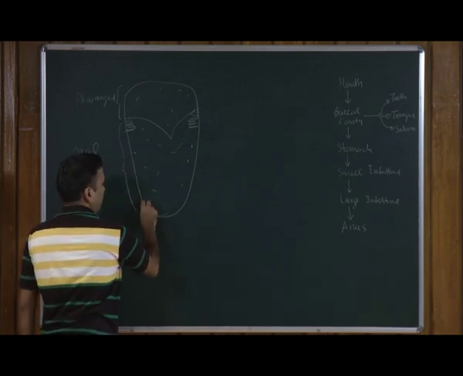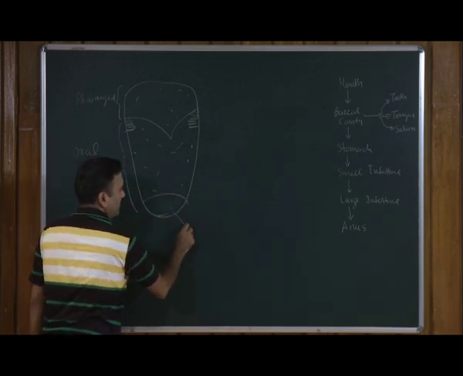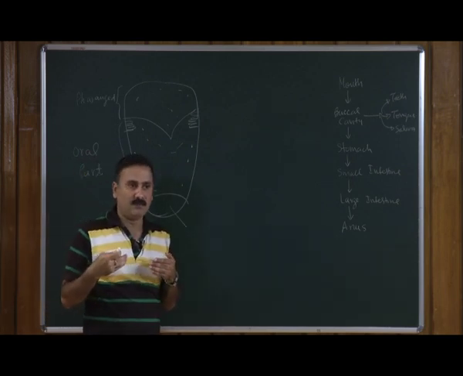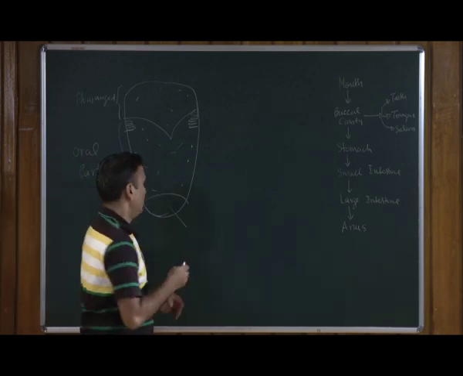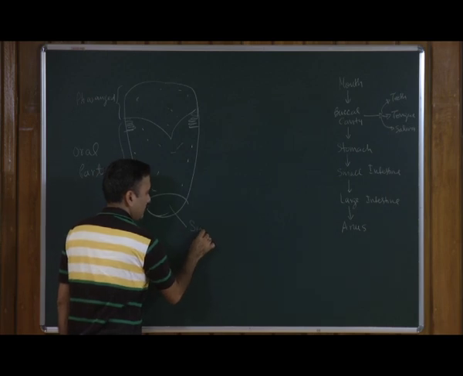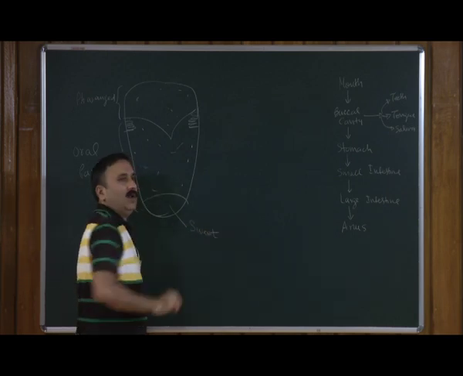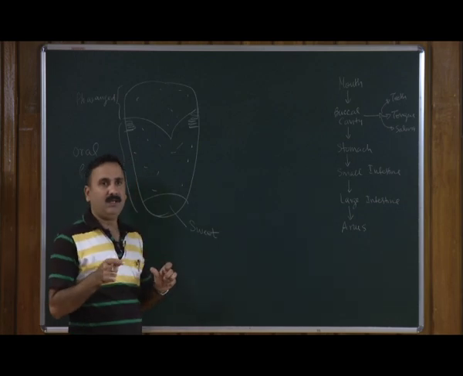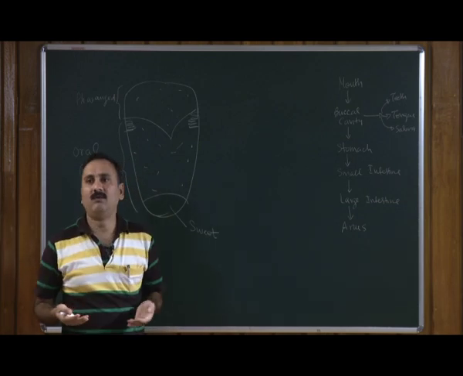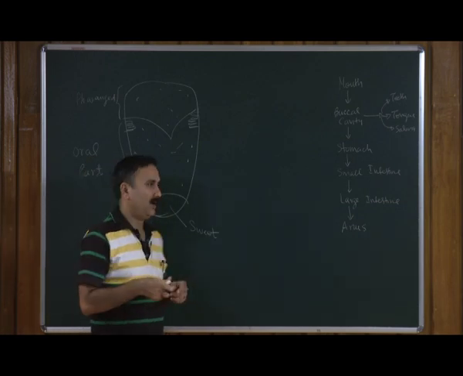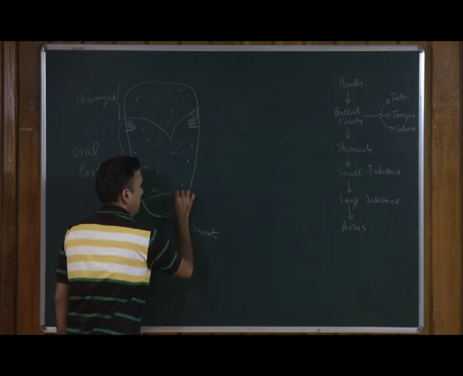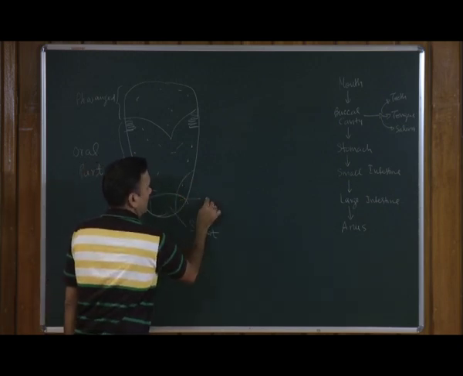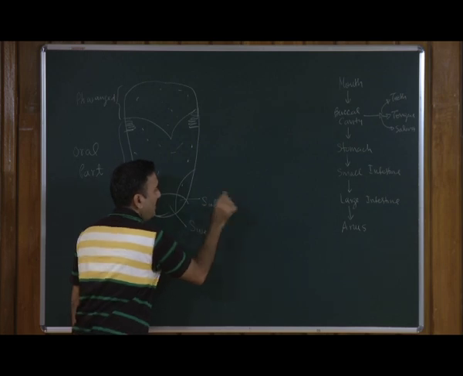The tip of the tongue is used mostly for sensing the sweet, whereas there is a partial overlap with the region which is sensing the salt, and that is present here on both sides, and that is for the salt.